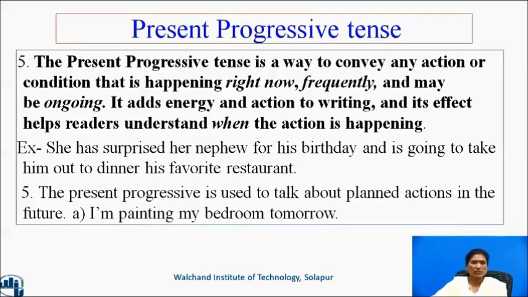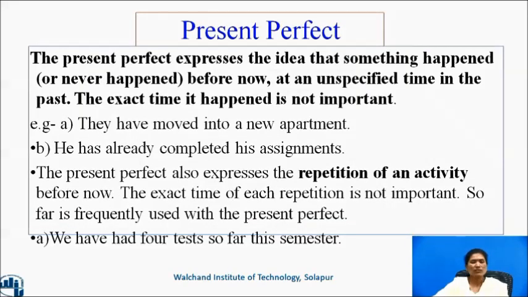For example, she has surprised her nephew for his birthday and is going to take him out to dinner at his favorite restaurant. So the present progressive is used to talk about planned actions in the future. I am painting my bedroom tomorrow.